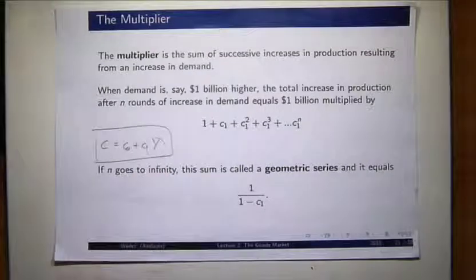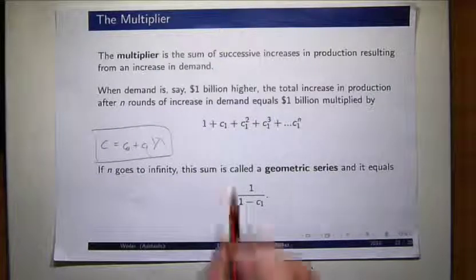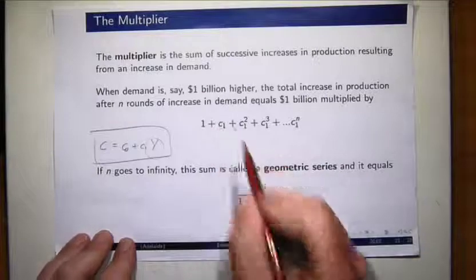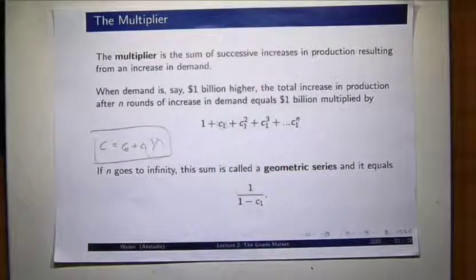Output goes up by $1 billion, so the income of people goes up by $1 billion. What do they do? Well, they consume a fraction of it, and the fraction is exactly C1 times $1 billion in the next round. Okay? So there's an increase by $1 billion times C1, and then again, output goes up by C1 times $1 billion.